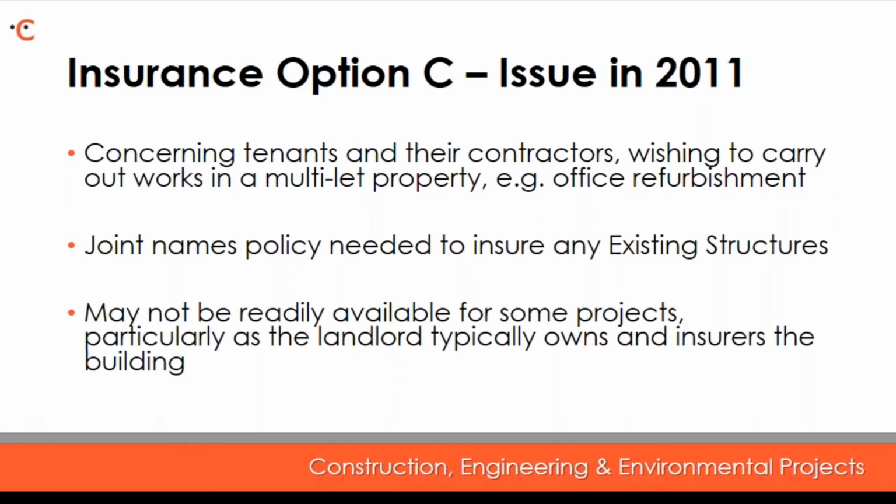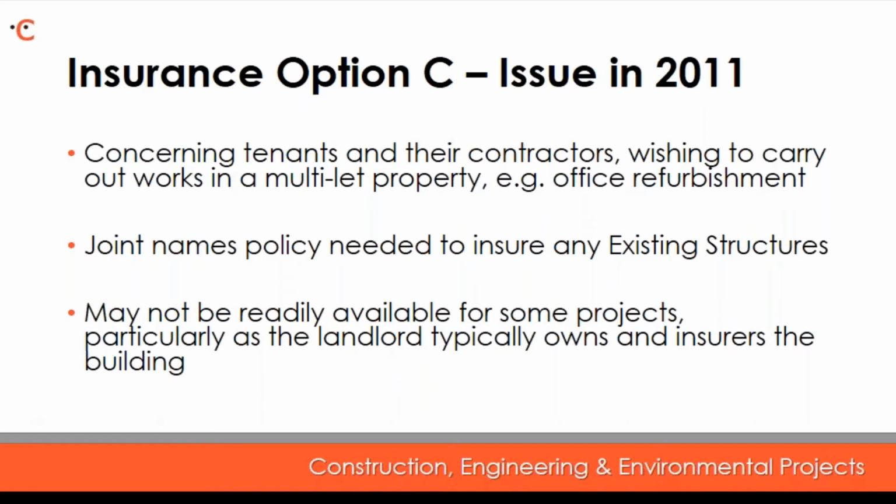It might have been that a tenant could have been named on a landlord's policy, but in fact we've seen an increasing trend of landlords refusing to do that for various reasons, which may leave the contractor actually wholly liable for the insurance of the whole structure, which is just not really an acceptable level of risk when you're only working on a small part.